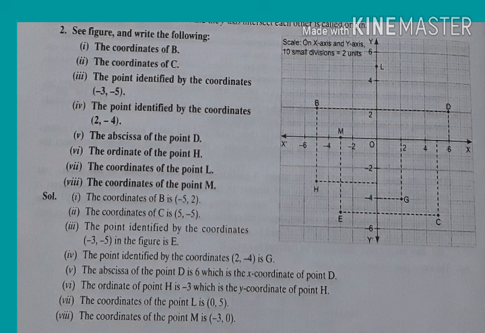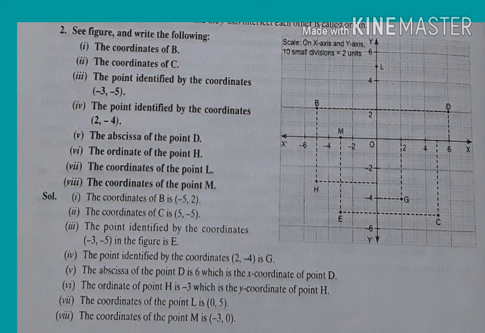That point is E. Then the fourth question is, which is the point with the coordinates 2, negative 4? X value 2, y value negative 4. Which is the point? It is G.